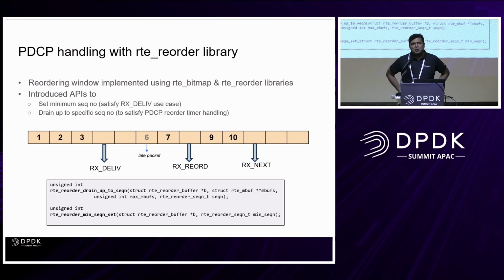None of the functionality is broken. Whatever was existing, we didn't touch. When we analyzed the code, we didn't have to modify any of the APIs. We added 2 APIs. One is about setting an internal state, so regular RT reorder without calling this API would behave in a certain way, and that we didn't change.